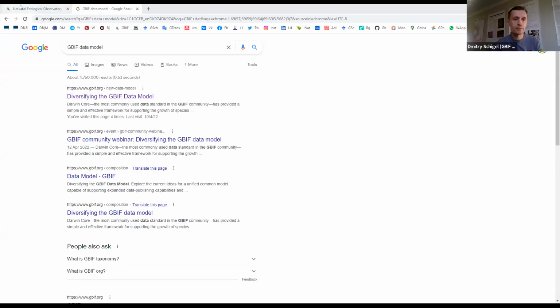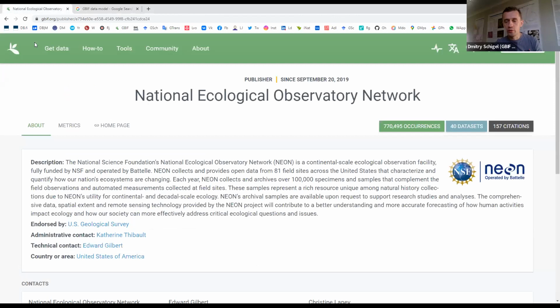People who have deep interests in the full analysis of this data might not be happy with seeing only biodiversity data, and then they would be wondering where is soil chemistry, where is temperature, where is precipitation. We have gone through such discussions with NEON.